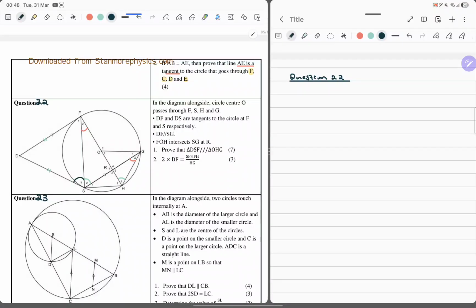Maybe we can say this angle should be equal to that angle. Those are angles opposite equal sides, seeing those tangents are equal. But then the tan-chord theorem is taking us down this path, that this angle is going to be equal to those two as well. Either we're looking at the tangent DS or tangent DF.